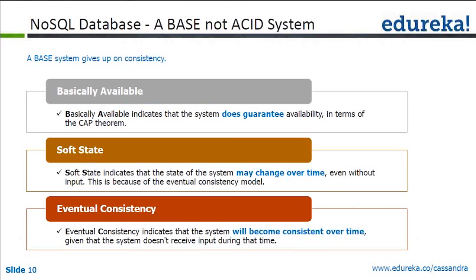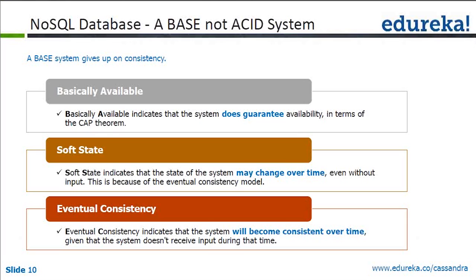All right. So as I have mentioned, NoSQL databases do not satisfy the ACID properties, but they satisfy the BASE properties. BASE refers to basically available, so the system does guarantee the availability. It will be up and running all the time. And the next one is soft state.